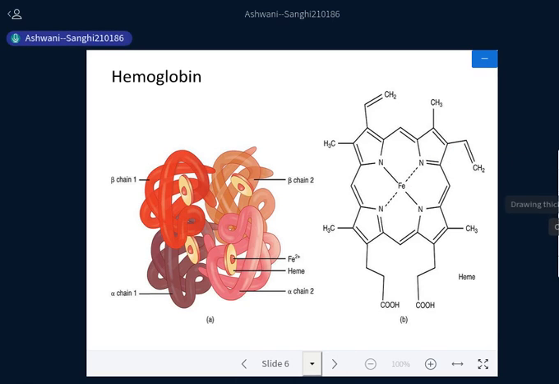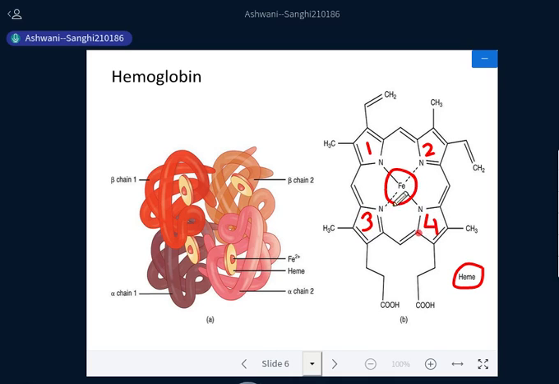The heme non-protein part of hemoglobin consists of iron plus 4 pyrrole rings.